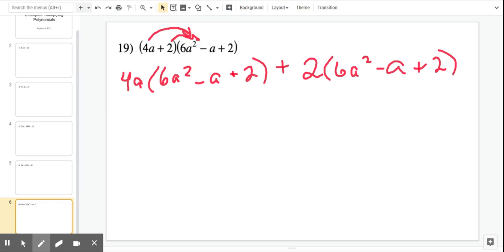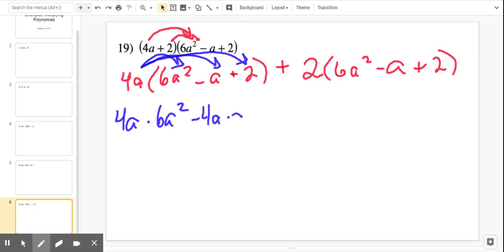So now it's like we have two different problems where we have a monomial and we just have to distribute. So we do have to distribute again. So I'll take this 4a. Now I'm going to distribute it here like this. So we have 4a times 6a squared minus 4a times a plus 4a times 2.